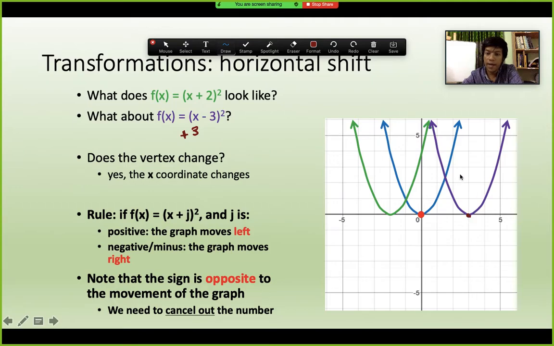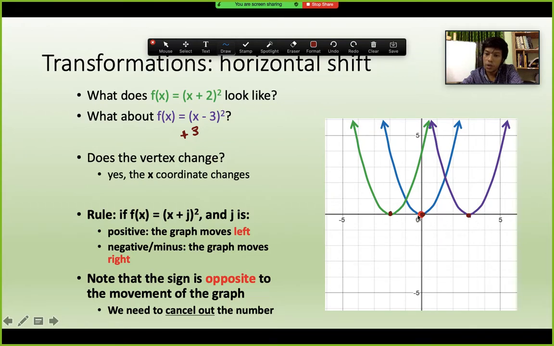Now you can ask me, sir, why do we have to make this value 0? What's wrong? The reason is, when it goes to the horizontal shift, left and right, our y value is what? At this point, our y value is 0.